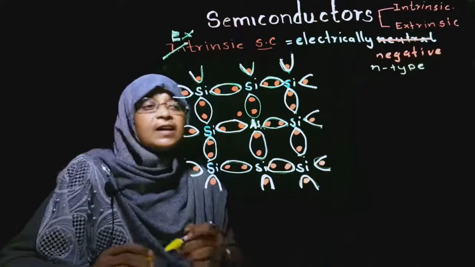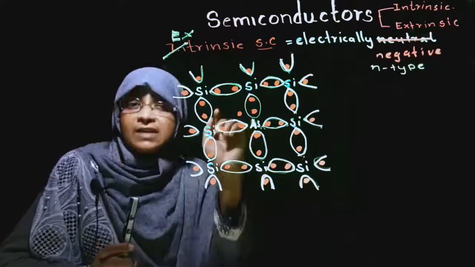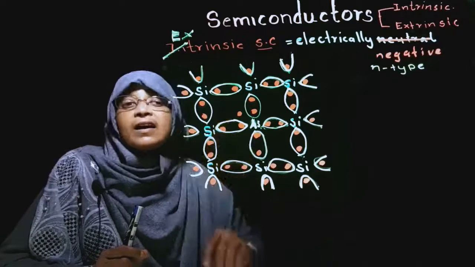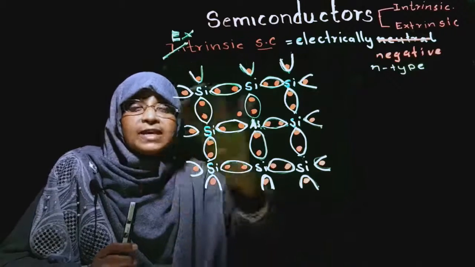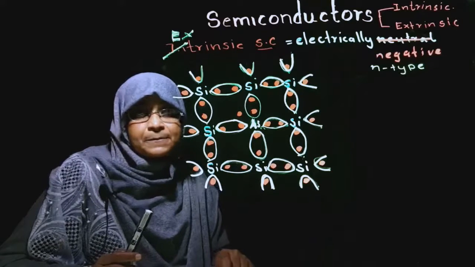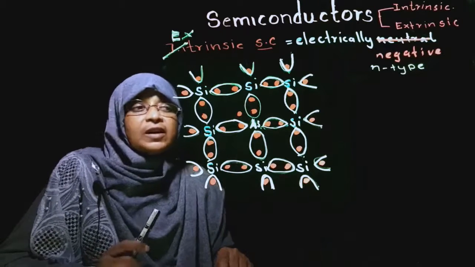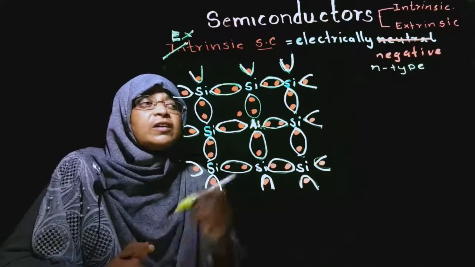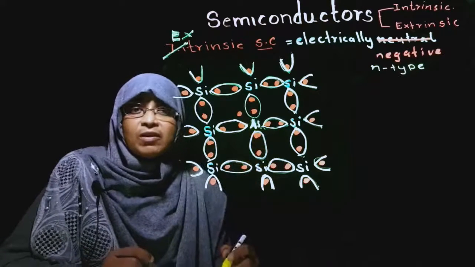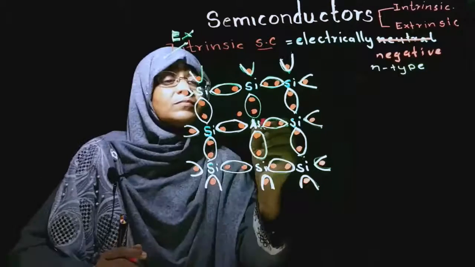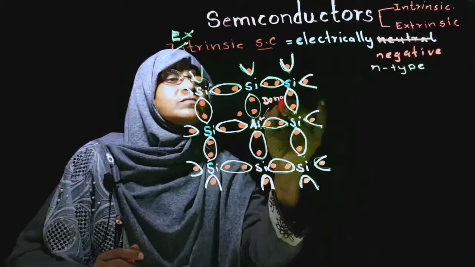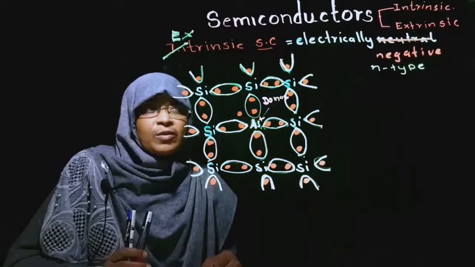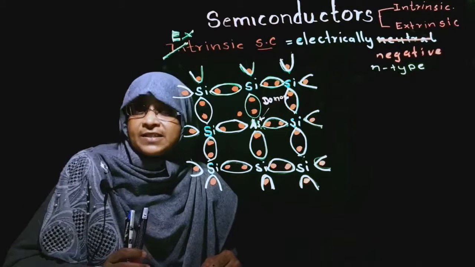We can see this arsenic atom gives one extra electron to this lattice. So, it is donating a negative charge. So, this atom is called a donor atom. Okay, next to that, let's see the p-type.